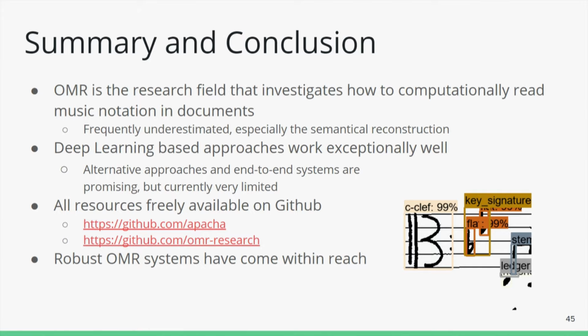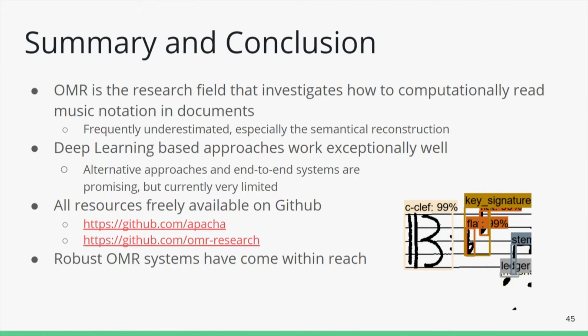Summing up, optical music recognition is the research field that investigates how to computationally read music notation in documents. It's still frequently underestimated, especially the semantic reconstruction step, because music is really complex. It virtually knows no limits. Therefore, the music notation that is used to capture it also has to allow all of this complexity to be represented.